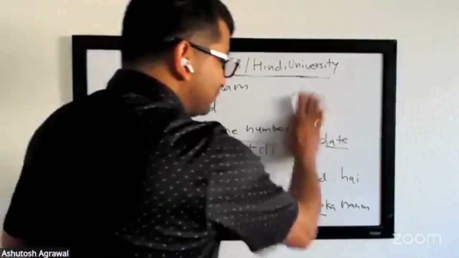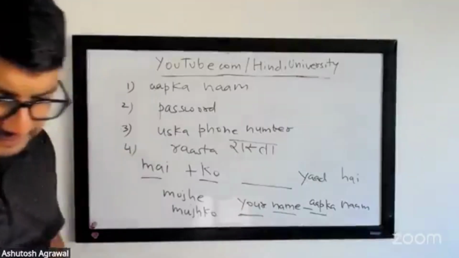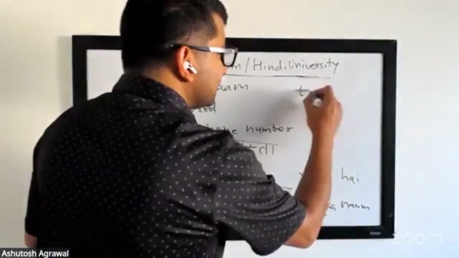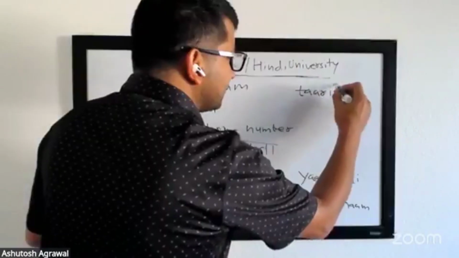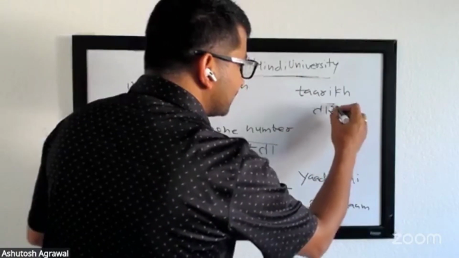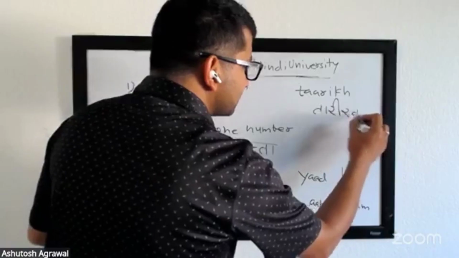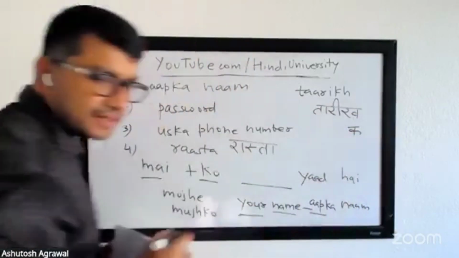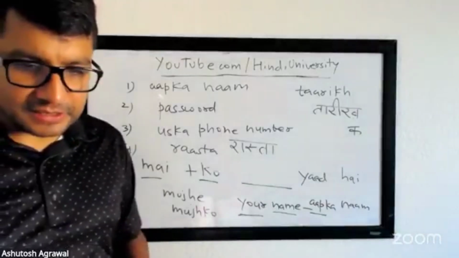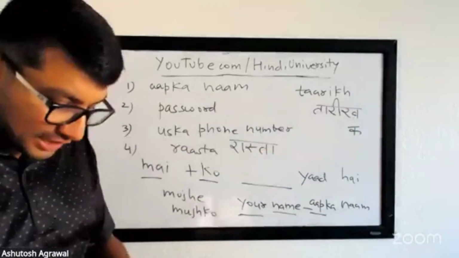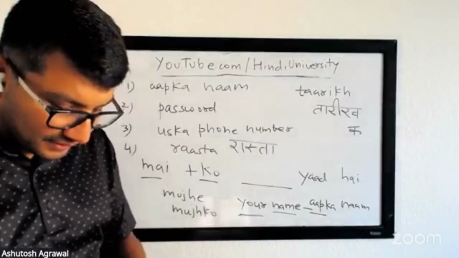Beautiful. So the date in this case is तारीख. T with A, R with E, and then sometimes it's written with Kh, sometimes with Kh. Either way is fine as far as we are concerned. मुझे तारीख याद नहीं है.